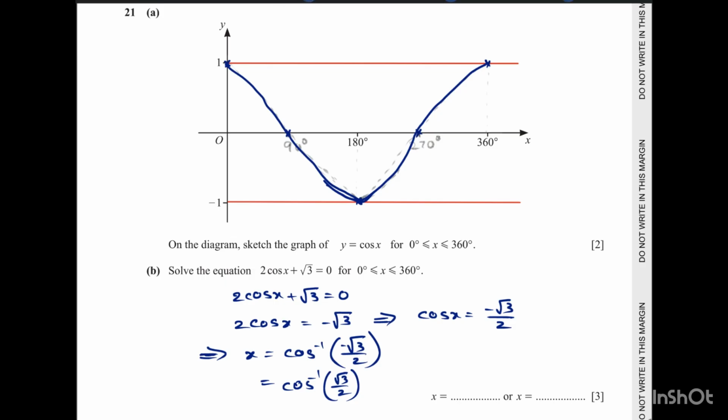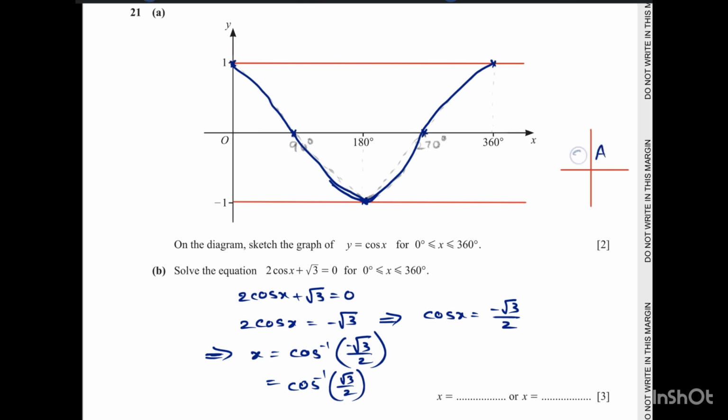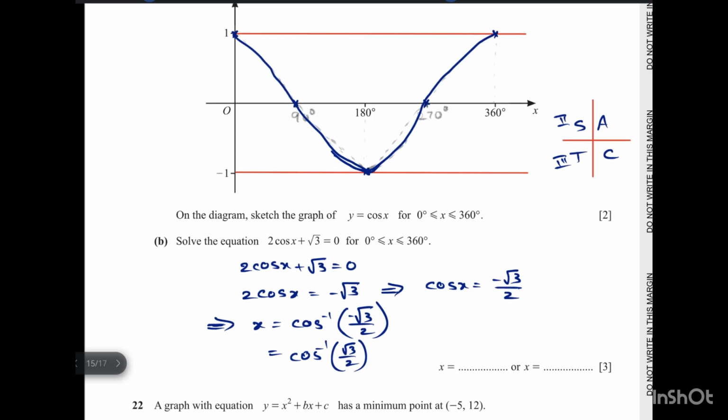All students take calculus. The value of cos is negative in the second quadrant and third quadrant, because we need minus root 3 by 2. So the second quadrant is 180 plus theta. So here x is 30 for positive.